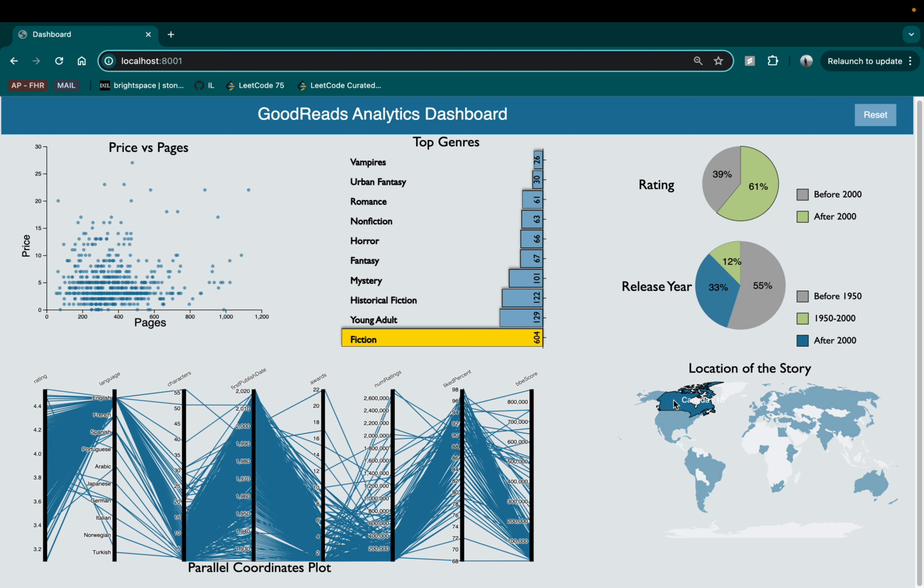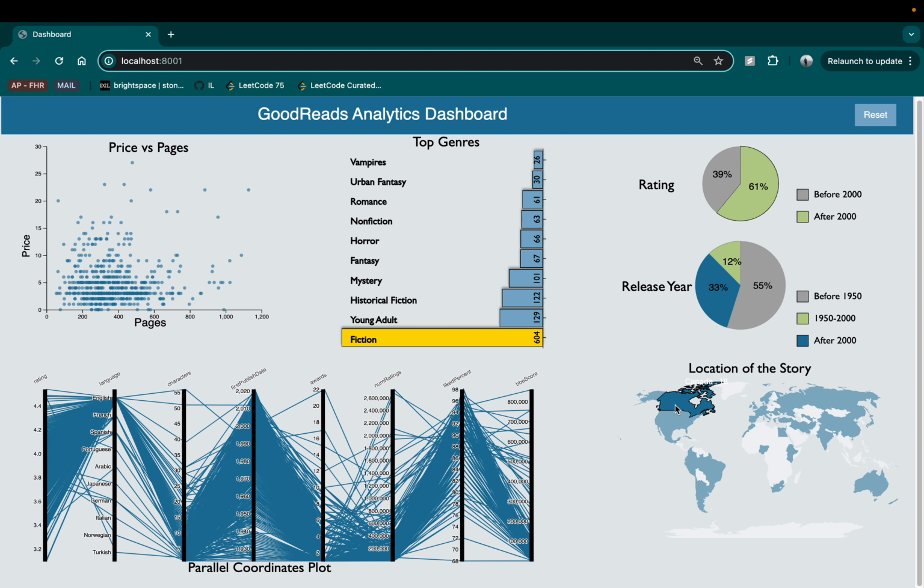We can also observe that most of the fiction books are based in Canada and the United States, followed by Mexico and the countries in South America. Some of the books are also situated in Russia. In this way, we can observe concurrent correlations between each genre, price versus pages, and each attribute as a whole.